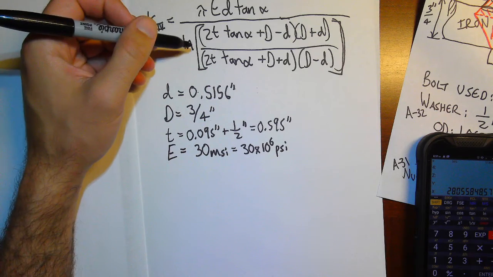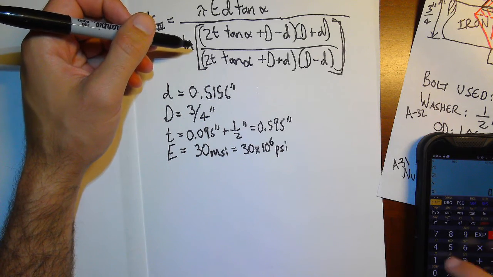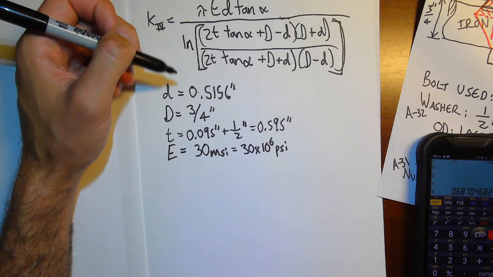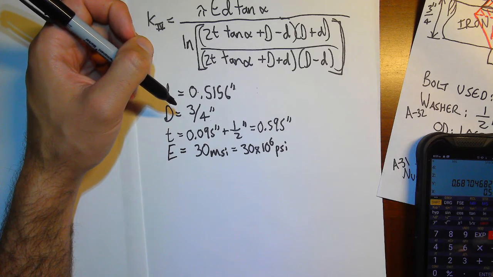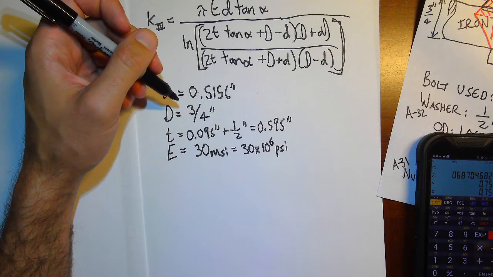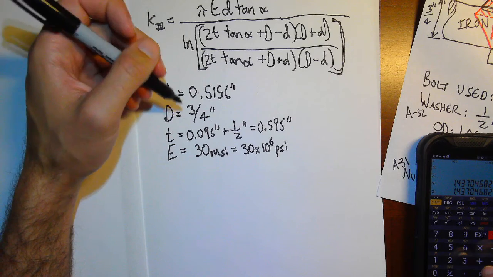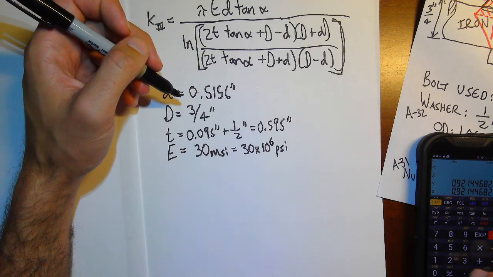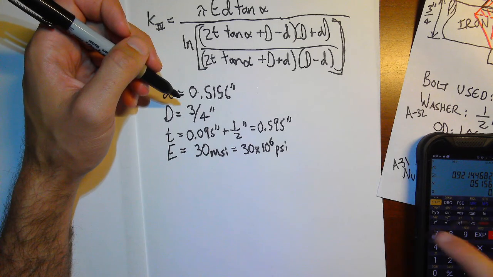Okay, next line, 2 times thickness, 0.595, tangent of 30 degrees, multiply all those, 3/4 inch, add those, 0.5156, subtract that off, 0.5156 plus 3/4 inch, multiply those.